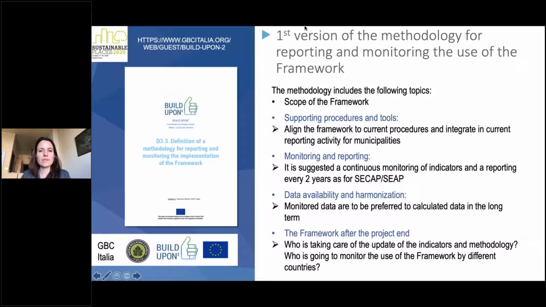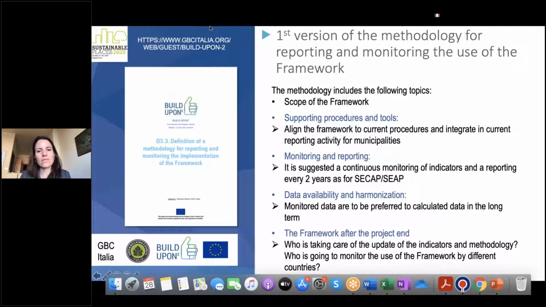Basically, the major ways we would like to adapt the use of this framework within the normal activity of the public authority are identified in these points. So the municipality needs to align the framework to the current procedures in order to facilitate its use. It is suggested to have a monitoring activity that is aligned to the one of the CCAP or the CIAF.